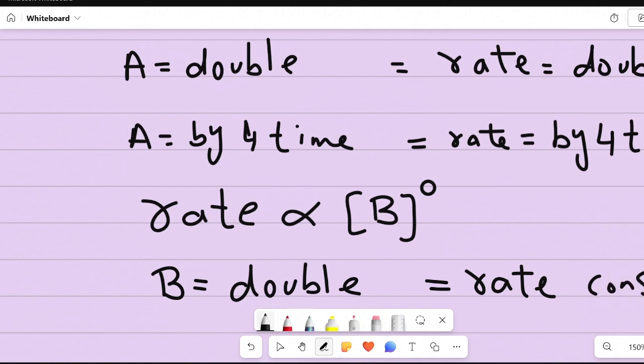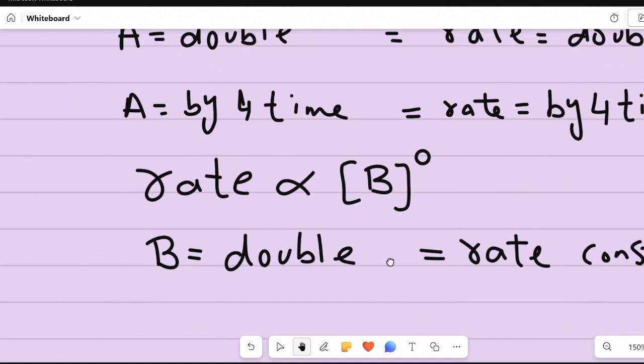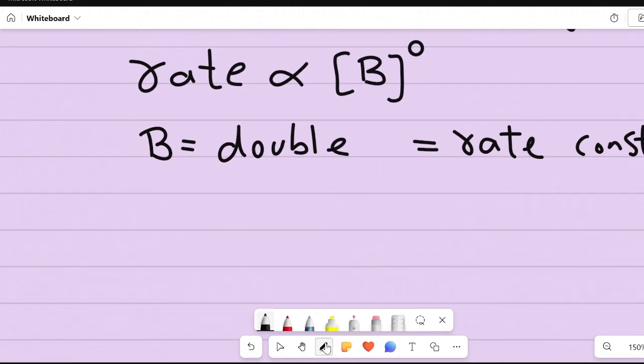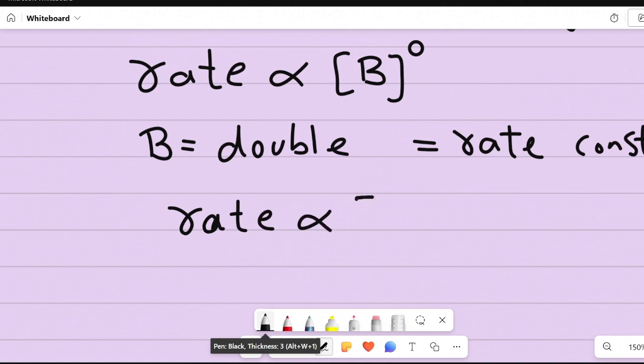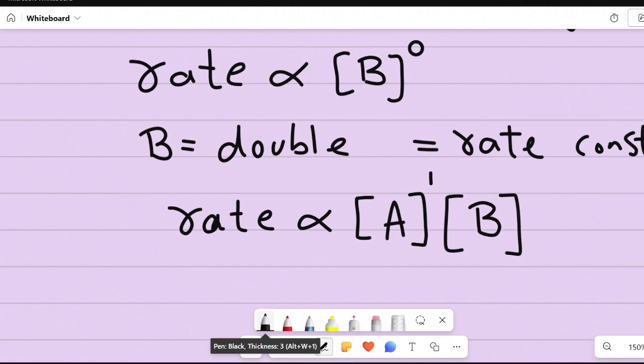Either you are doubling the concentration or increasing it 4 times, 3 times, 10 times, the rate is not going to change. So what will be our final equation? We will say that the rate is proportional to the concentration of reactant A raised to power 1, and it's not proportional to reactant B raised to power 0.